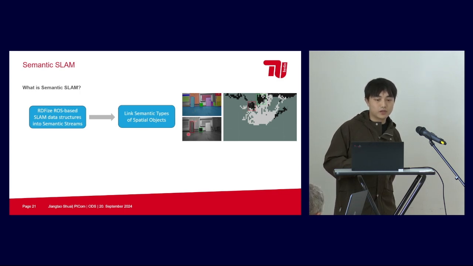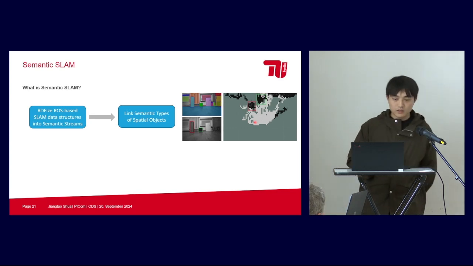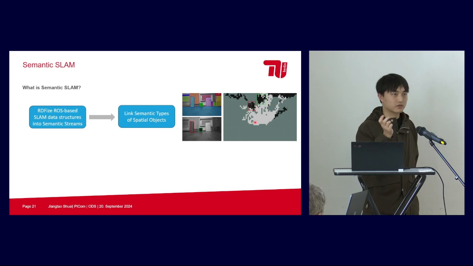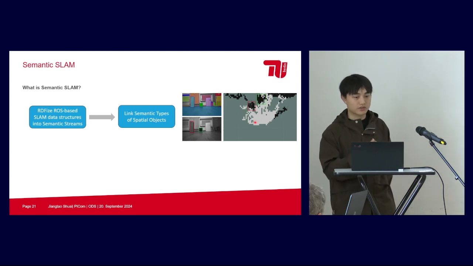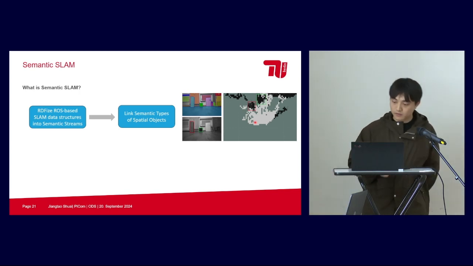For example, the red bounding box represents this object and the green one is here. Then we also convert this information into our grid map, which is on the right side. This is a BEV view, so from the top. Now we can know what kind of objects are surrounding the robot, what the meaning of that is, and what the relation between the different objects is, based on the data schema and the semantic object detection.